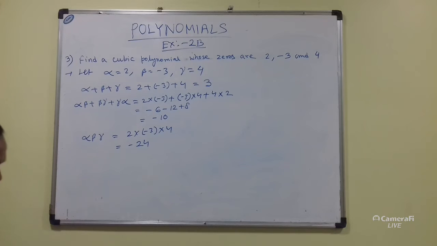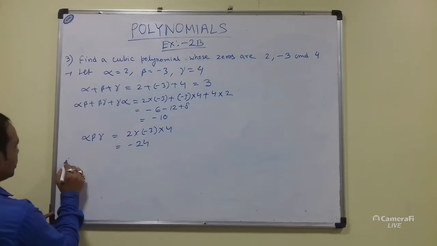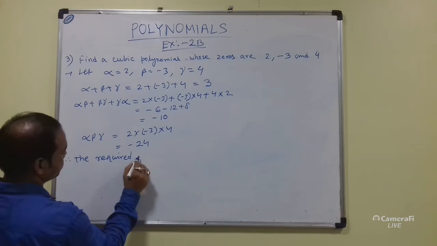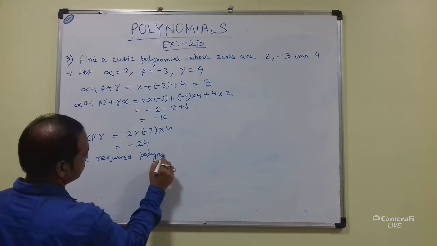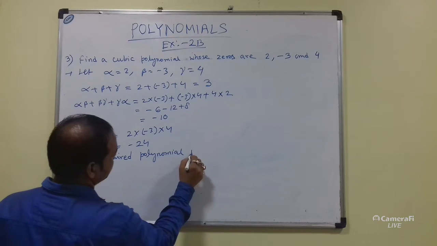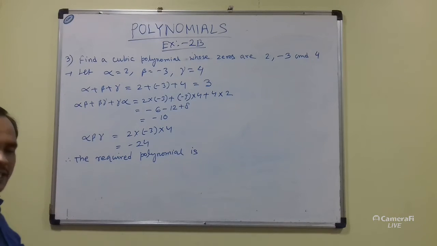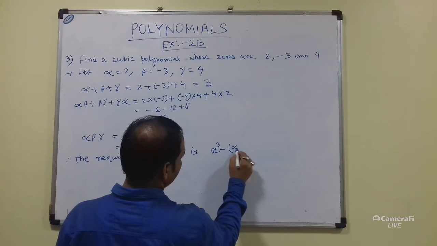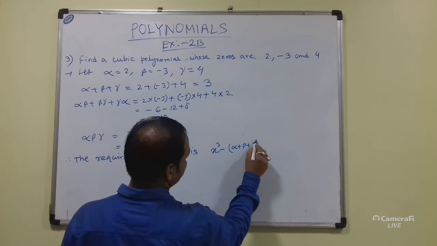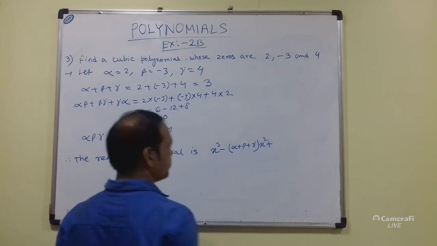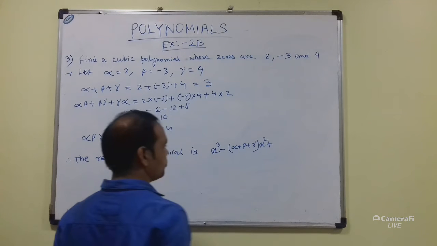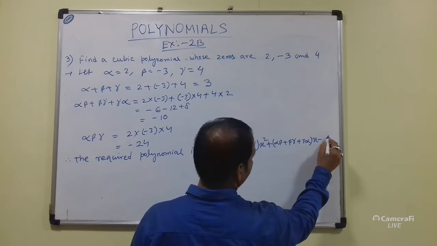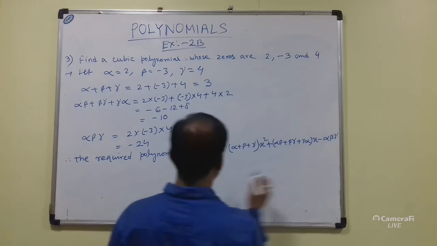Clear students till now? Now, therefore the required polynomial, what is the formula? x cube minus alpha plus beta plus gamma into x square plus alpha beta, beta gamma, gamma alpha x minus alpha beta gamma.